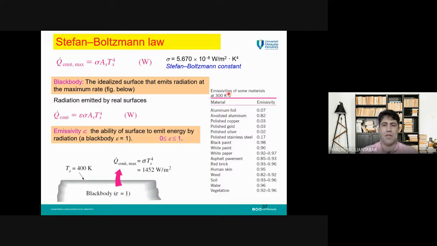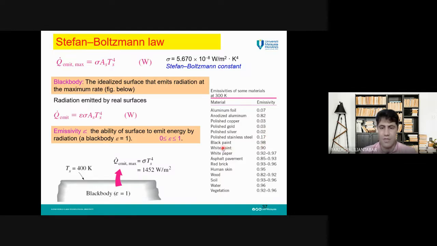You can see here the emissivity of some materials, and as you can see, it depends on the temperature of the substances. 300 Kelvin is almost room temperature. You can see for a material like aluminum foil, the emissivity is 0.07, and you can see values for different substances.